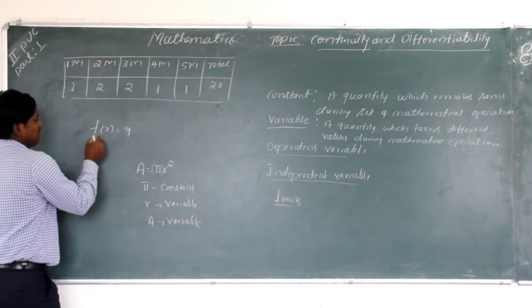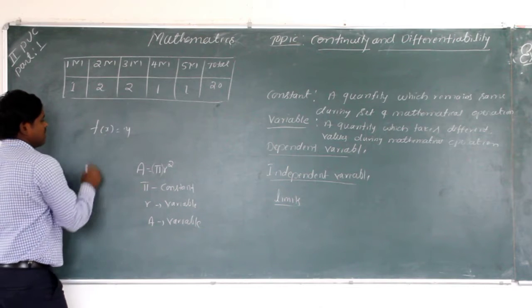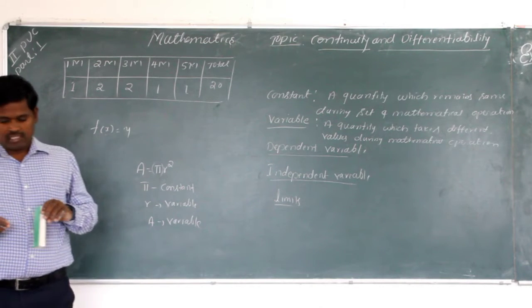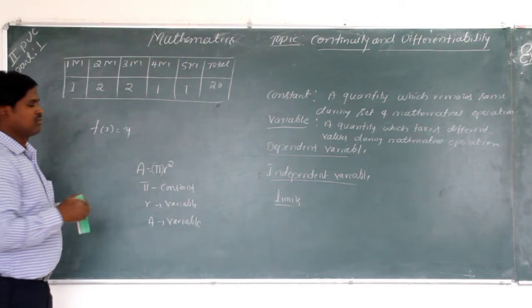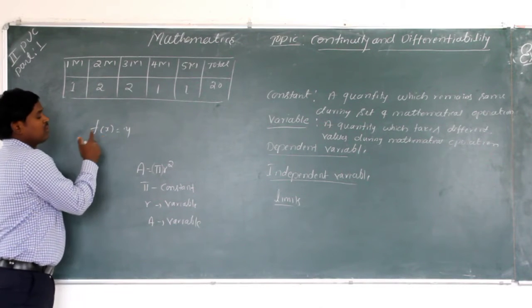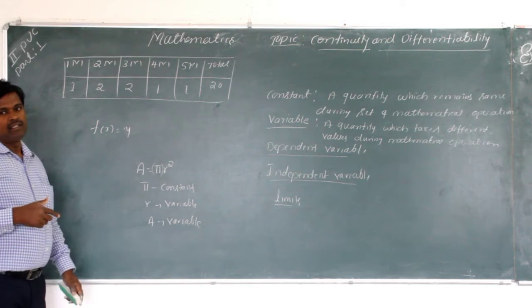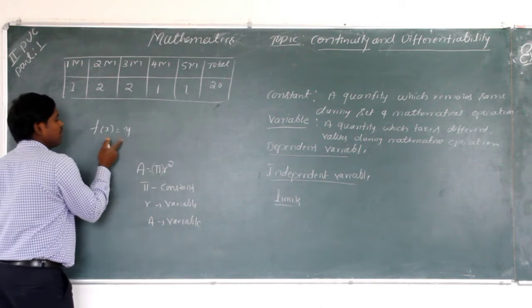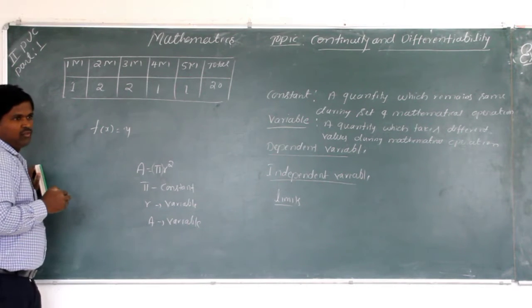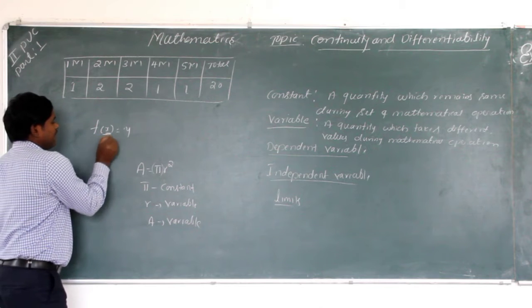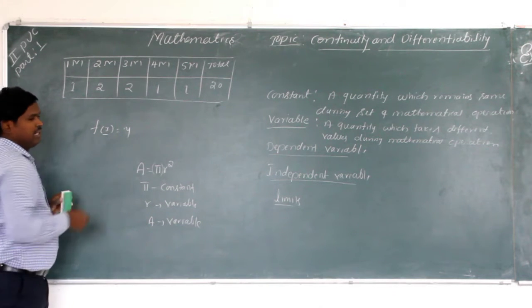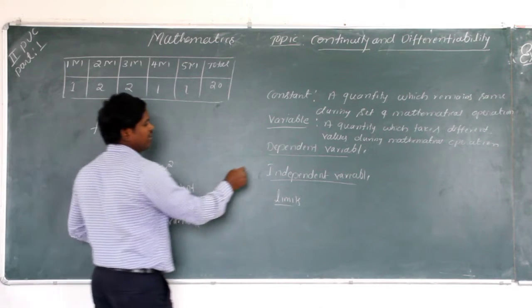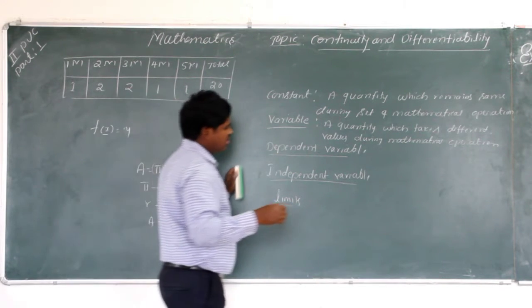In this function, x is the independent variable, that means x takes different values. But the value of y depends upon the value of x. Therefore x is the independent variable and y is the dependent variable.